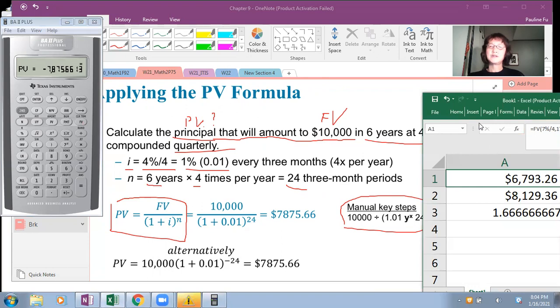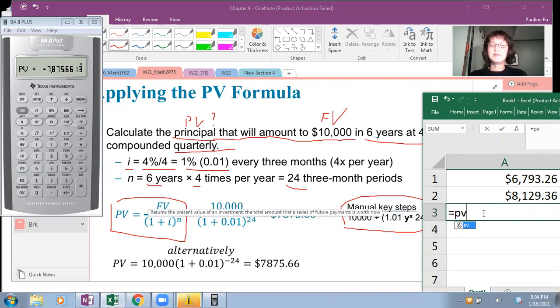Similarly, you can use Excel to do it. I will use this position here. So in Excel it is PV, present value. The rate is 4% divided by 4, compounded quarterly. NPER 24, PMT 0. Future value is 10,000, and enter.